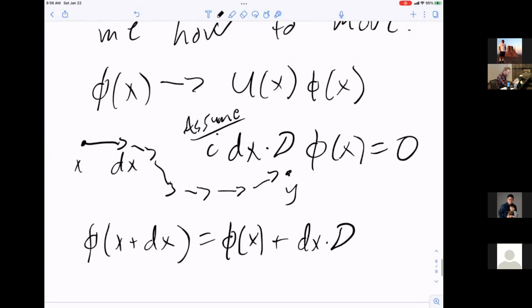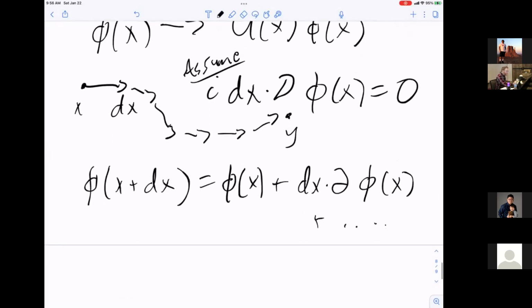oh, no, that's wrong. Not a covariant derivative. It's a regular derivative, right? Because dx is small and then there are higher order terms. But the important point is that I've assumed that my covariant derivative along this particular direction is 0.